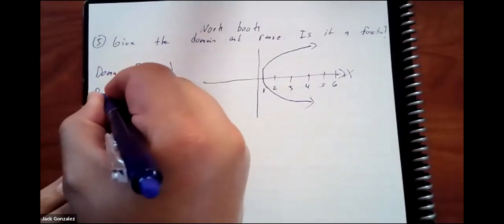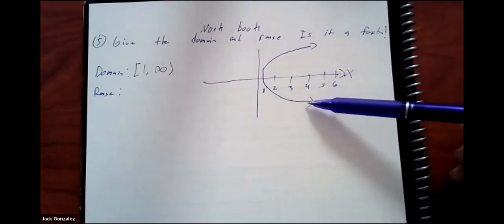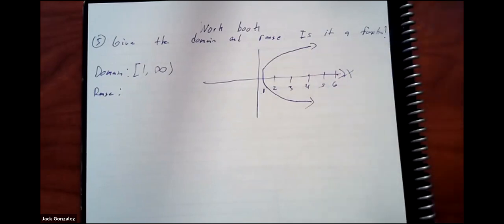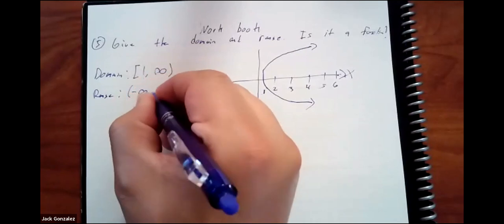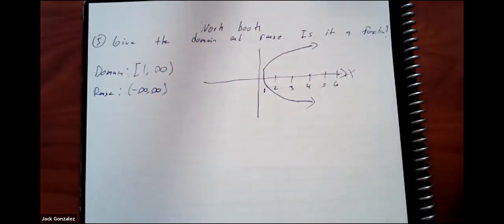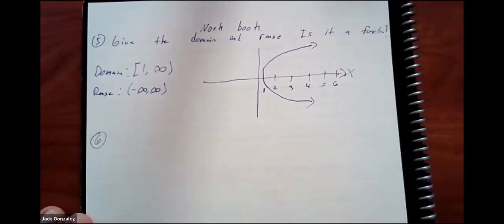Now the range, look at how high and how low it went. It keeps going down forever and up forever eventually. So the range is all real numbers. Does that make sense? Any questions on 5?